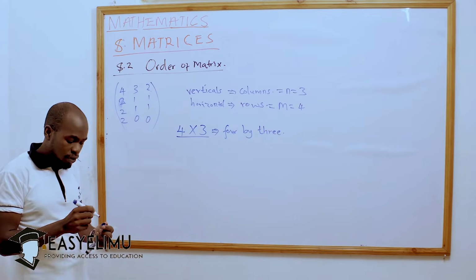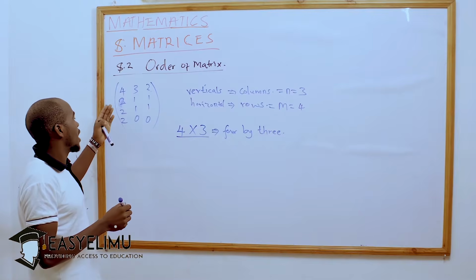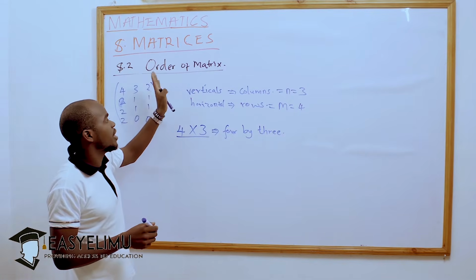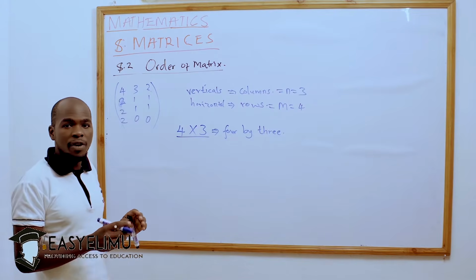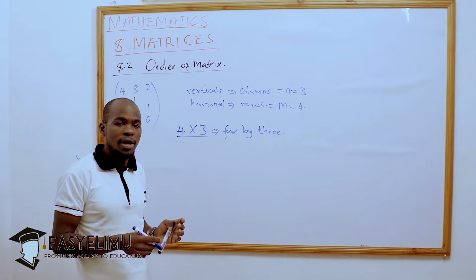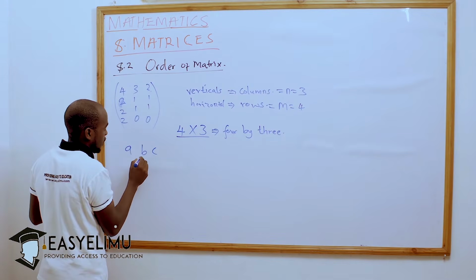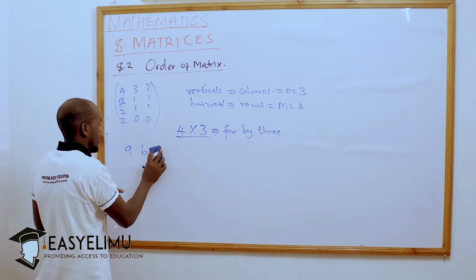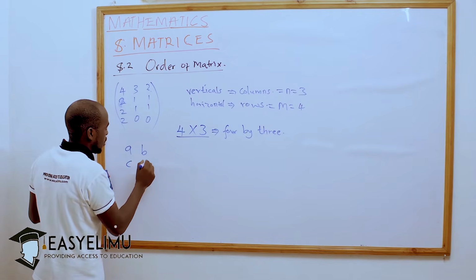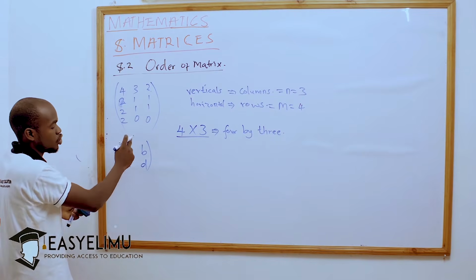If you are asked what the order of that matrix is, you find that the order of this matrix is 4 by 3. You can identify several of them. For example, I may give you A, B, C, D. From this we can identify that we have 2 rows and also 2 columns.